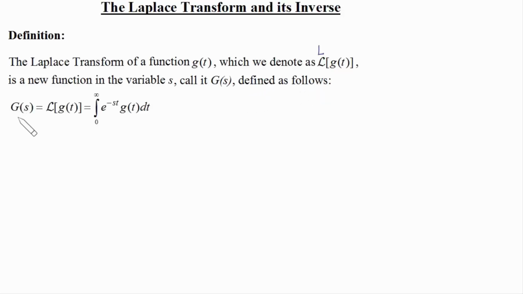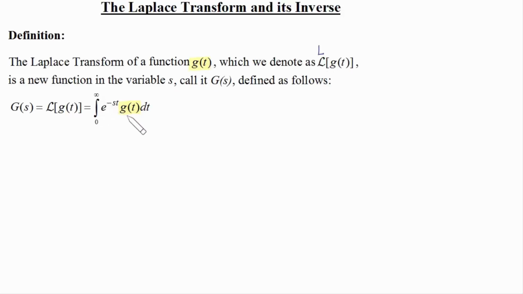So big G of s, which is the Laplace transform of little g of t, is defined as an integral from 0 to infinity of e to the minus st g of t dt. The integral and the e to the minus st are always there. What changes is the function I put here, and that's our particular function g of t.